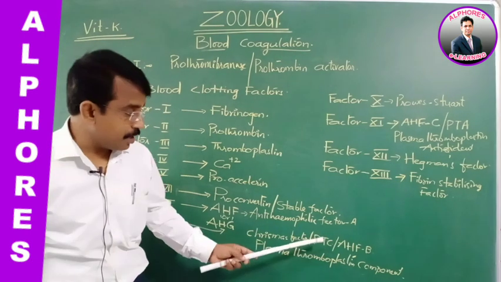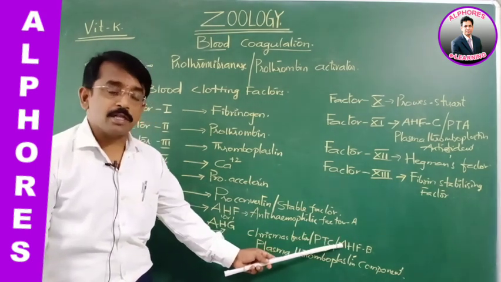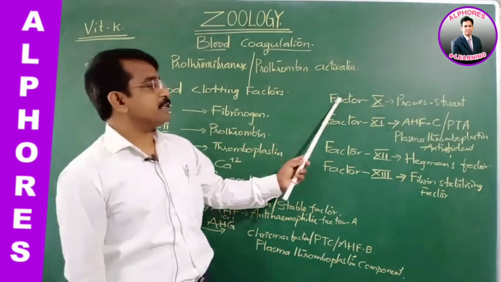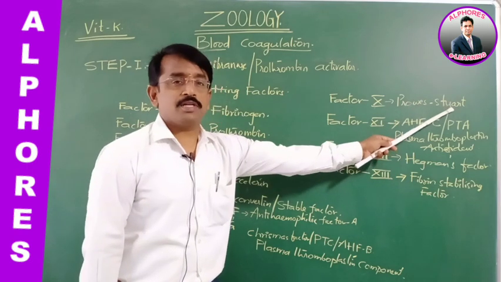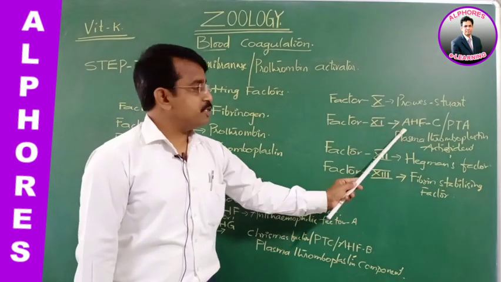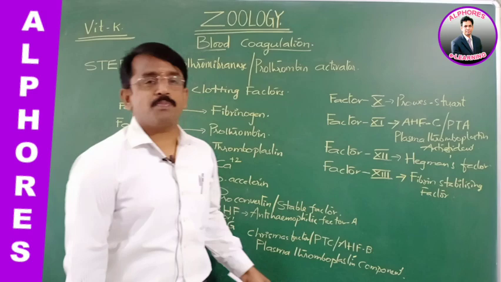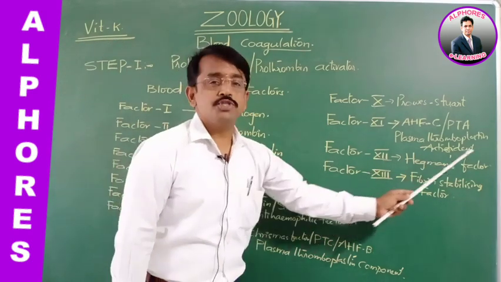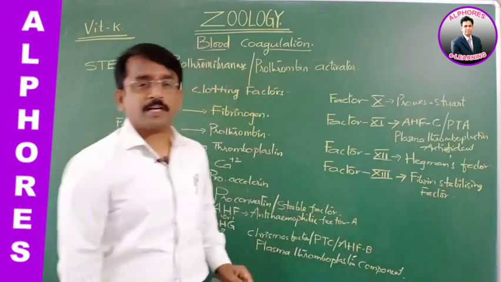PTC stands for plasma thromboplastin component, or else it is also named anti-hemophilic factor B. And factor 10th is Prower or Stuart factor. Factor 11th, anti-hemophilic factor C or PTA, plasma thromboplastin antecedent. Factor 12, Hageman's factor. Factor 13th is fibrin stabilizing factor.